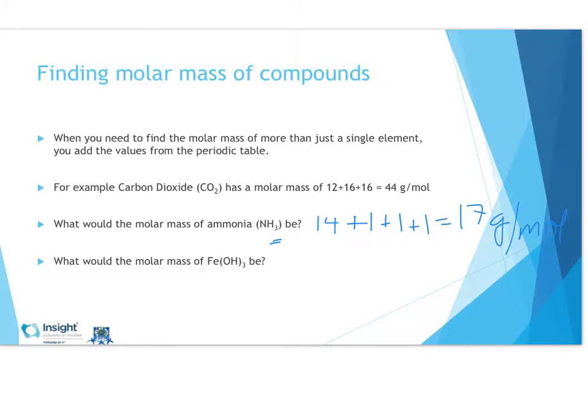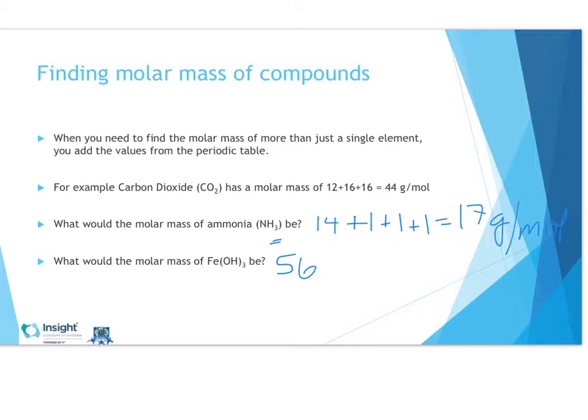Okay, now the molar mass of iron hydroxide. So iron on the periodic table has a mass of 56. And then what to do with the hydroxide. This 3, because it's on the outside of the parentheses, applies to both the oxygen and the hydrogen.